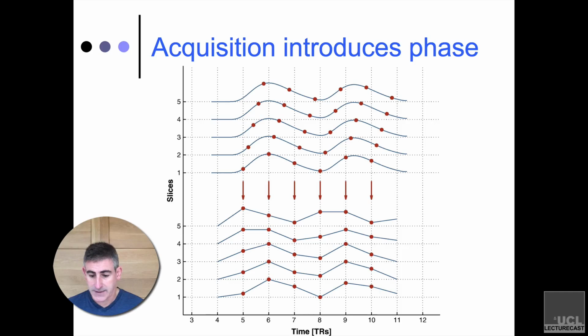They're all going up and down exactly the same. However, the data that we measure from those 5 slices isn't the same, and that's what's shown in the bottom slices. So in slice 1, there's been very little time for the hemodynamic response to actually start to rise, so we have a small measure. By the time you get to slice 5, you've almost gotten the full amplitude of the hemodynamic response.